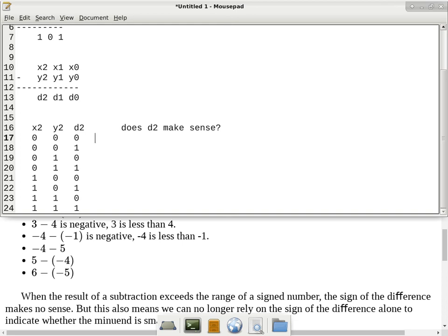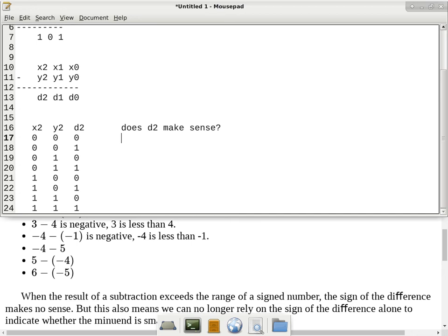All right, so tell me, does that make sense? Tell me again, what does it mean when x2 is a 0? What kind of value is x representing? I just need to know whether it's negative or not. It's not negative. So I'm subtracting a non-negative value, which is y, from a non-negative value x, and the result is non-negative.